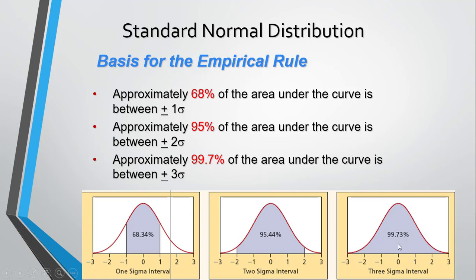That's why we say in most circumstances, 99.7% of the observations will be within 3 sigma. If you are outside 3 sigma, that's really an outlier.